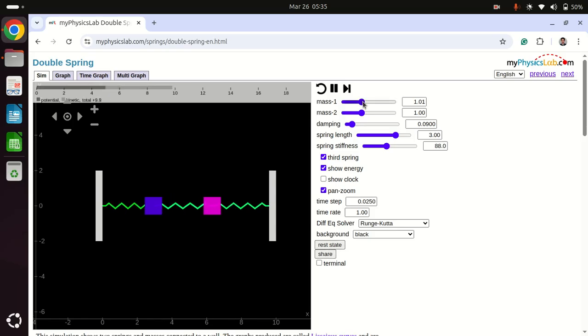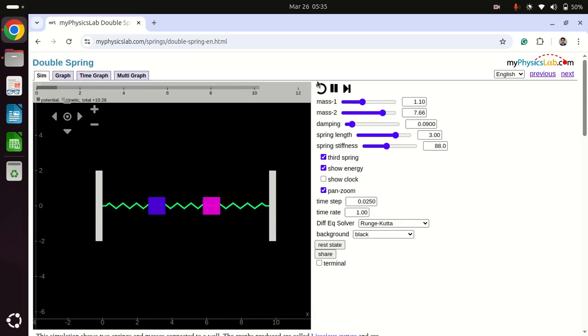If I change the first mass, you can see now because the mass of this is less, it is oscillating more. Okay, let me try to increase this mass. Now you can see this is oscillating more.